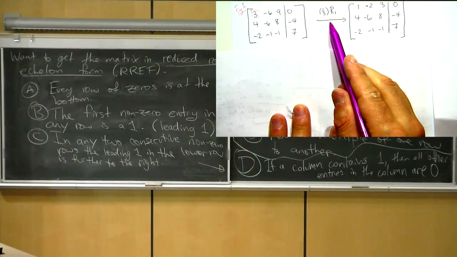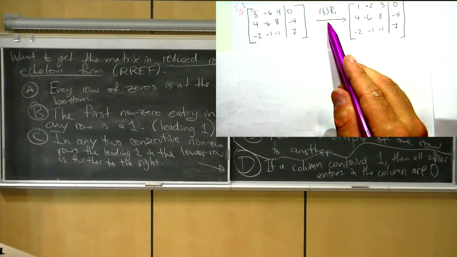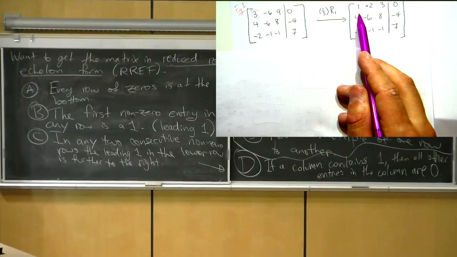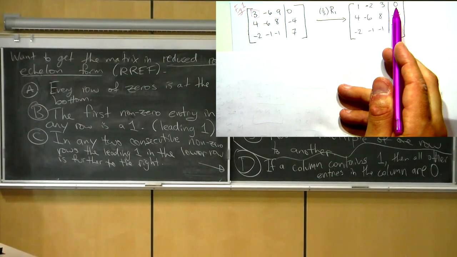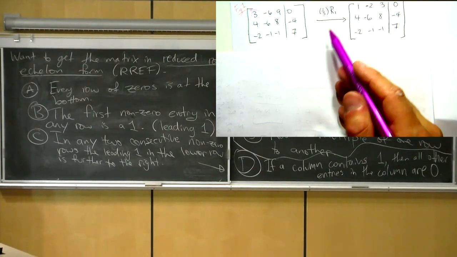That's one of my allowed operations, the second operation in the elementary row operations. So I get 1, -2, and 3, and then 0 on the other side of the vertical line.